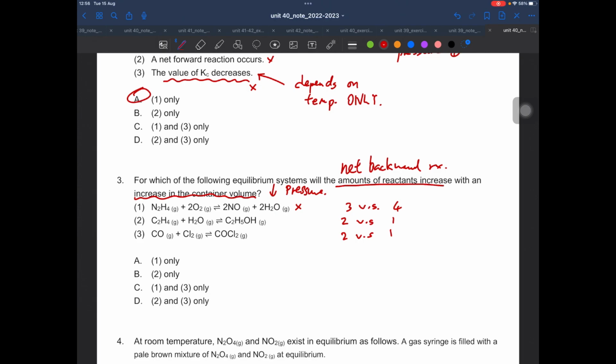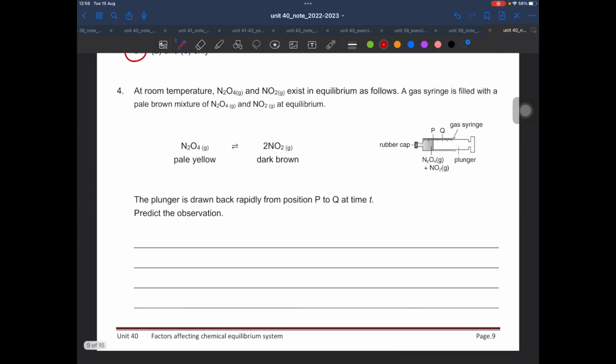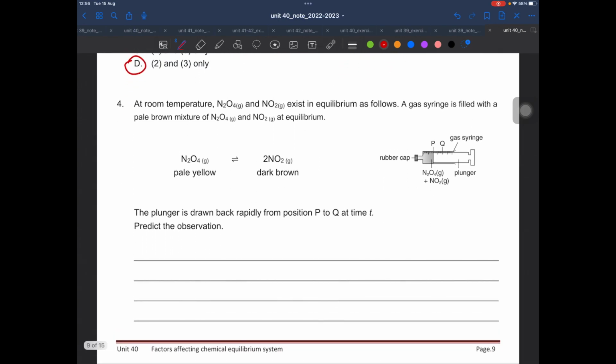So decrease in pressure. So 2 and 3 will shift to the left, right? Because decrease in pressure, it will require more moles.